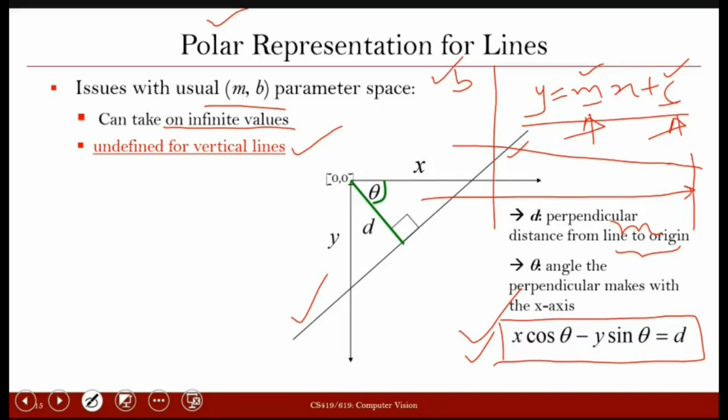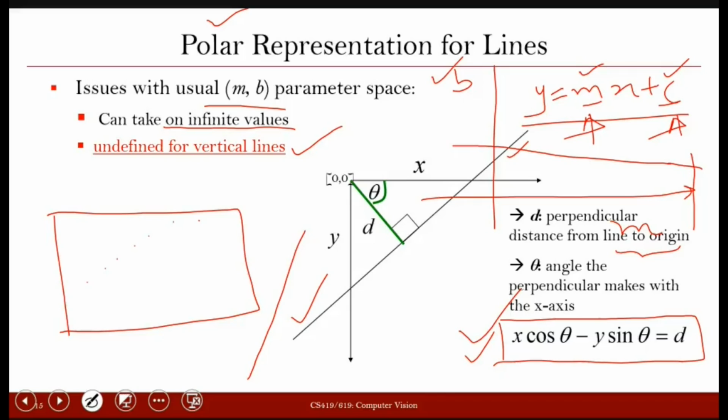Similarly, we may think that d can be infinite, but in any given image, d can only take finite values. For example, if you have an image where you have done edge detection and have some edge pixels, you cannot have lines beyond the image boundary.